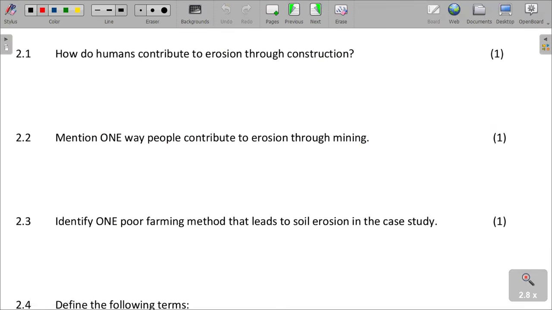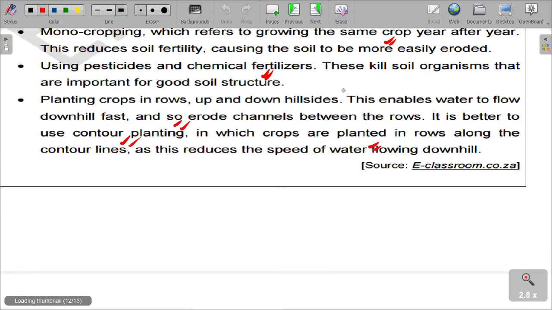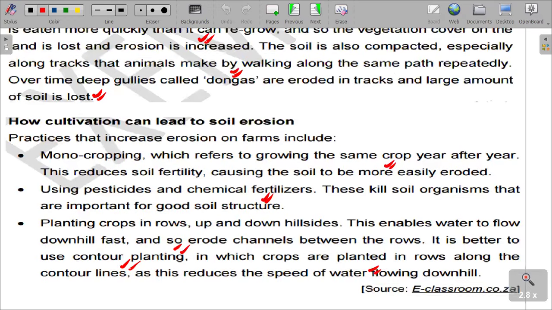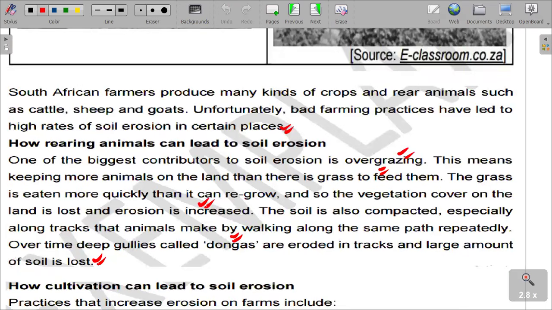So the first question is saying, how do humans contribute to soil erosion through construction? We have got ways in which people contribute to erosion through construction. We can talk about cutting down of trees, clearing land, and then stormwater drains that are found there.